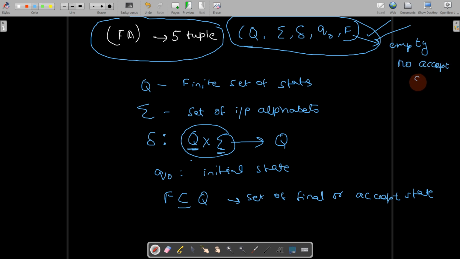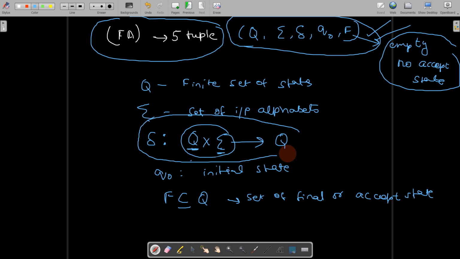Is a machine having absolutely no accept state coming under the definition of a finite state machine? These are the doubts that a person can have, right? And the mathematical definition makes it crystal clear what a finite automata is, with no doubts at all.